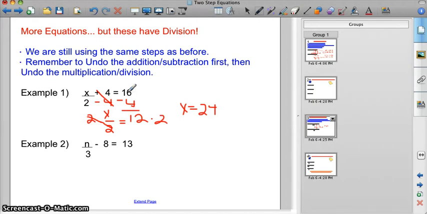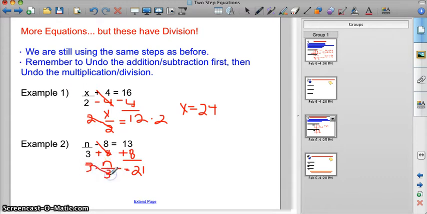Let's try example 2. Instead of subtracting 8, the opposite will be to add 8 to both sides. A negative 8 and a positive 8 cancel to 0, and I'm left with n divided by 3 equaling 13 plus 8, which is 21. The opposite of divided by 3 is to multiply by 3.